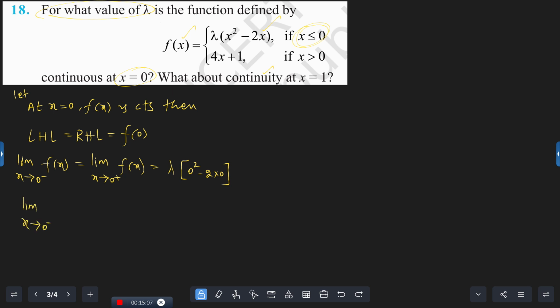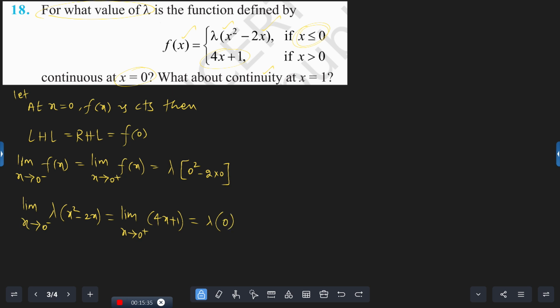Again the same function, lambda x square minus 2x, which is equal to limit x tends to 0 plus, 0 and above, means 4x plus 1. Then lambda into 0 square is 0, 2 into 0 is 0, so it will be 0. 0 into lambda is 0.